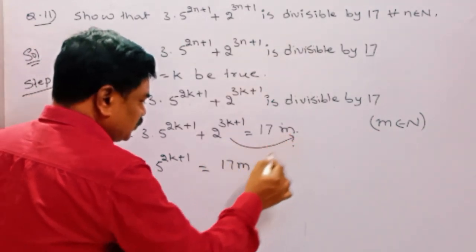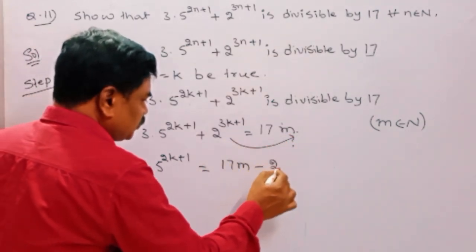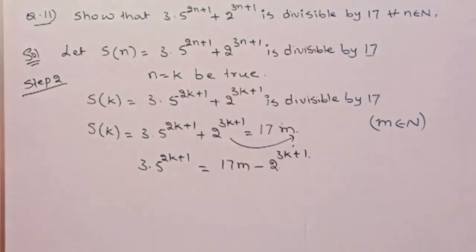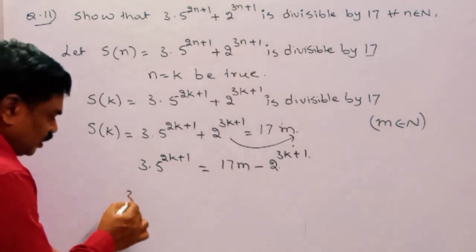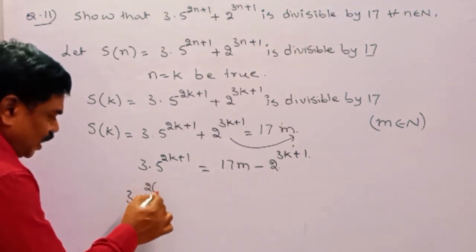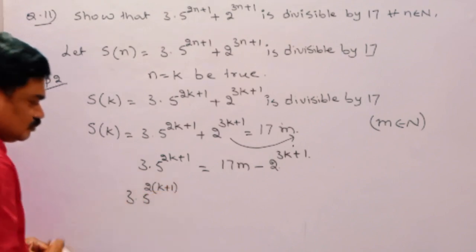minus 2 power 3k plus 1, taking it to this side. Then 3 into 5 power 2k plus 1.